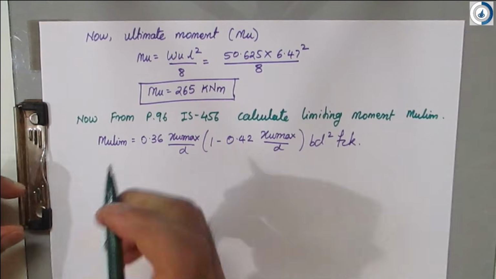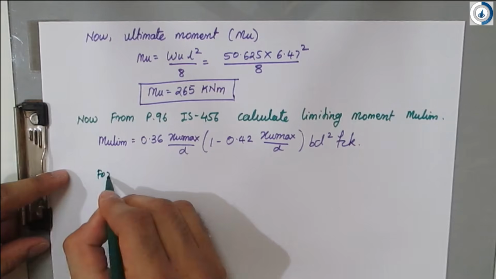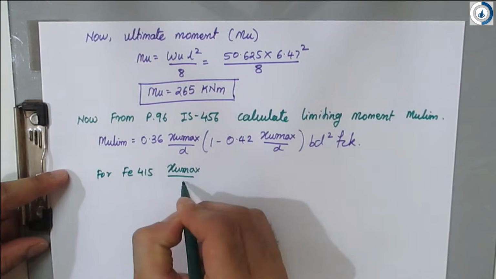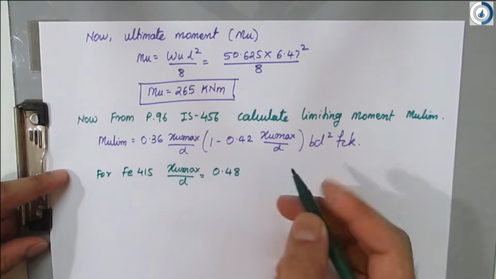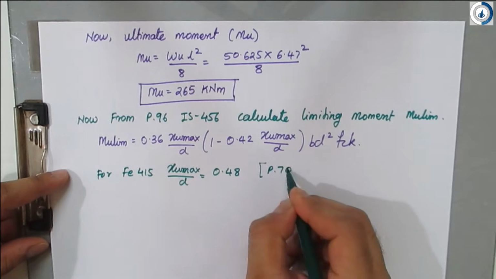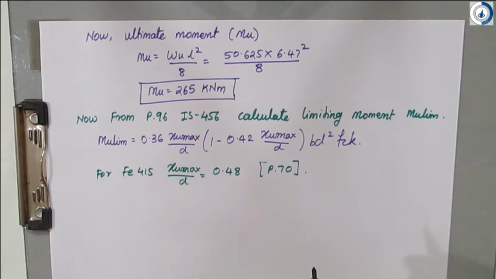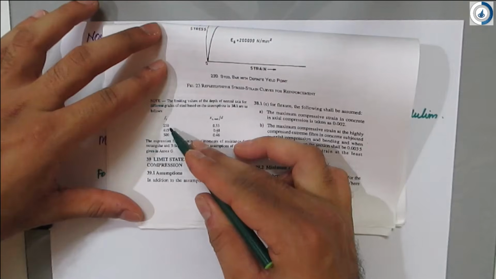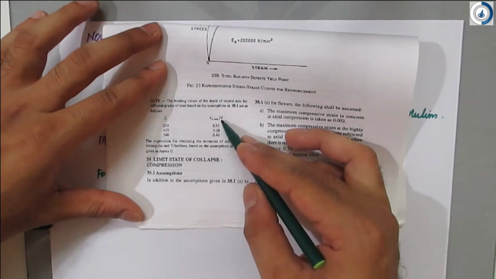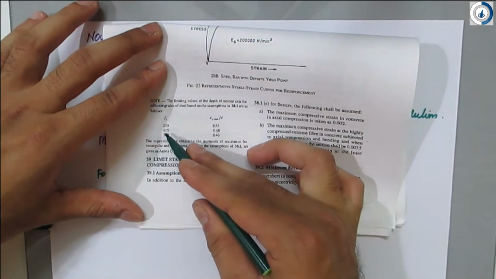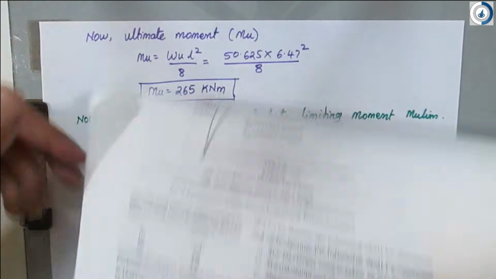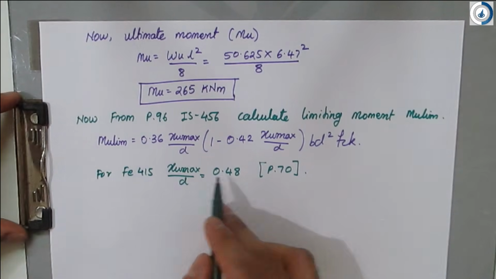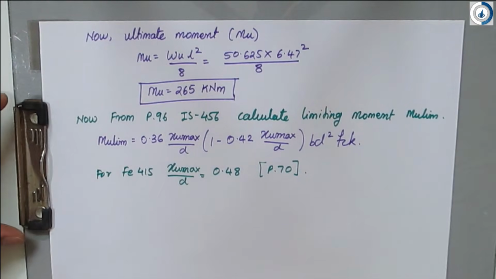So for Fe 415, Xu max by d value is equal to 0.48, and this is given on page number 70. So I will show you page number 70. On page number 70, the fy values they have given are 250, 415 and 500, and the corresponding Xu max by d value is given. So for 415 it is 0.48. So this comes from page number 70. And you have to substitute this Xu max by d value as 0.48 in this expression.